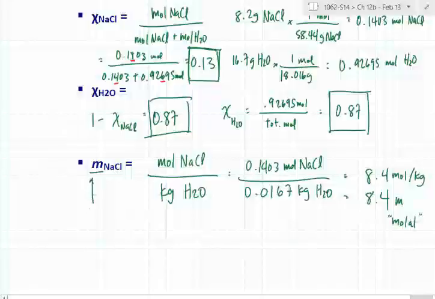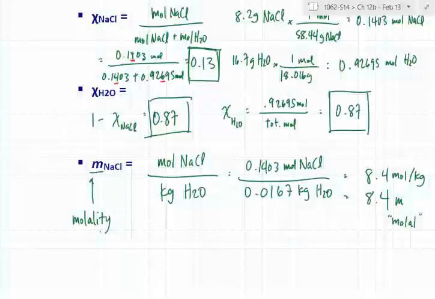This is a molality. Just like instead of saying molarity, we replace that R with an L. So instead of saying 8.4 molar, we say 8.4 molal. It's a weird way to say it, but their names are more similar than their calculations.